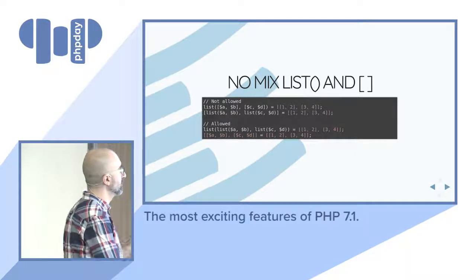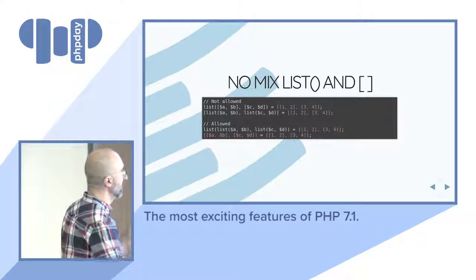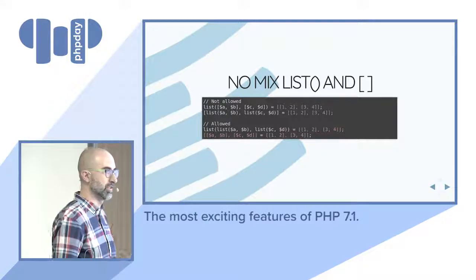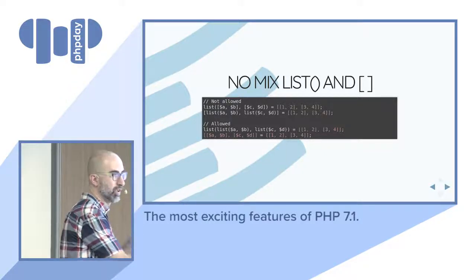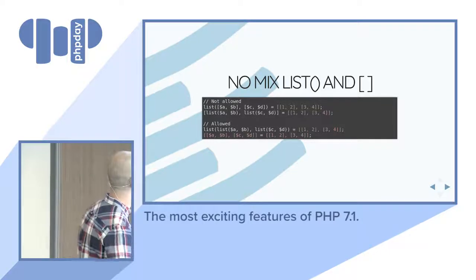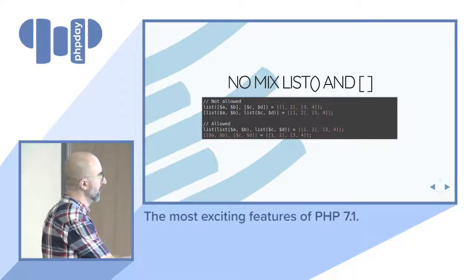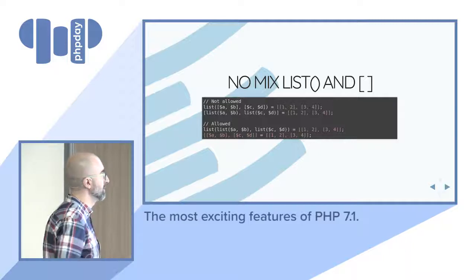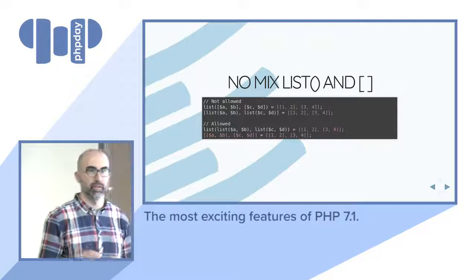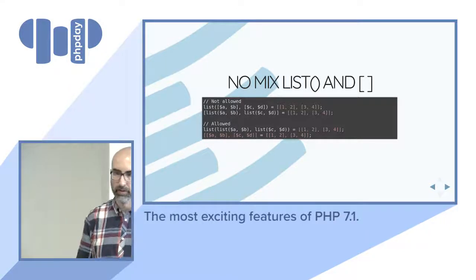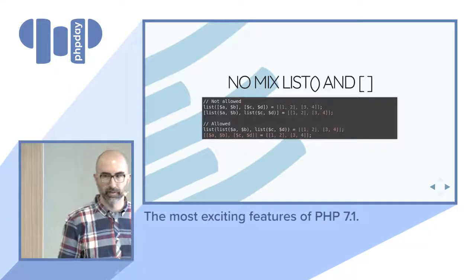The same if you try to do the opposite, to get the main array and the list for the elements themselves. So if you want to use list, you have to do it explicitly for all the sub-components, basically, or use the more elegant new syntax. So it's not allowed to mix together the list operator with the shorthand. Question?